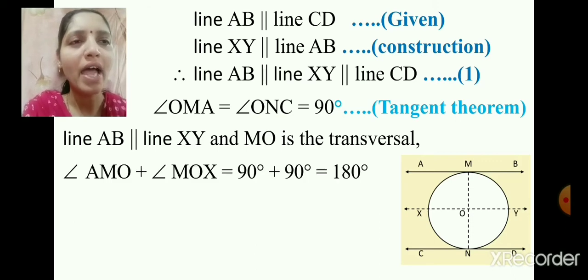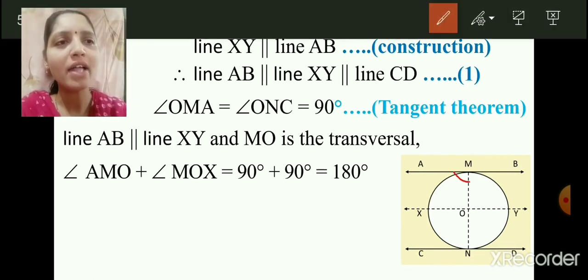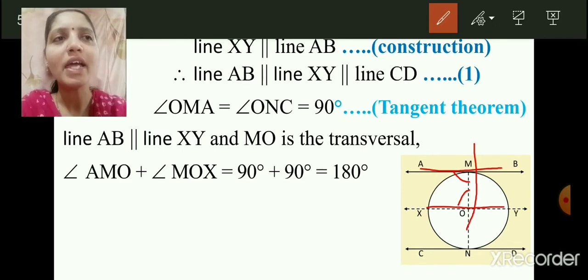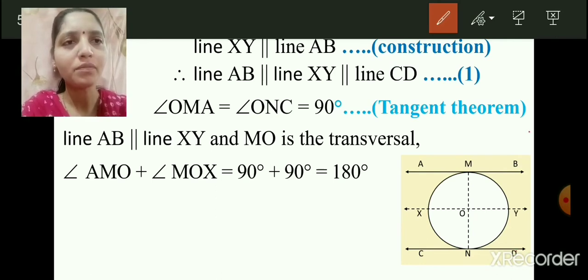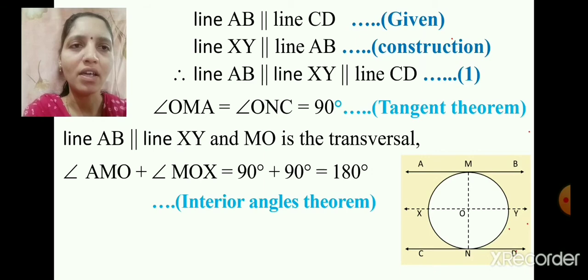Then we can write angle AMO plus angle MOX is equal to 90 degrees plus 90 degrees is equal to 180 degrees. Why can we write these two angles as 180 degrees? Because these two are parallel lines and MO is the transversal, these two angles become interior angles, and we know that interior angles are supplementary. So here also you have to write the reason, interior angles theorem.